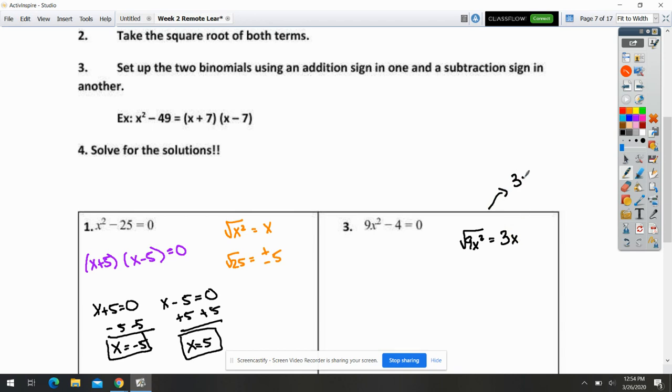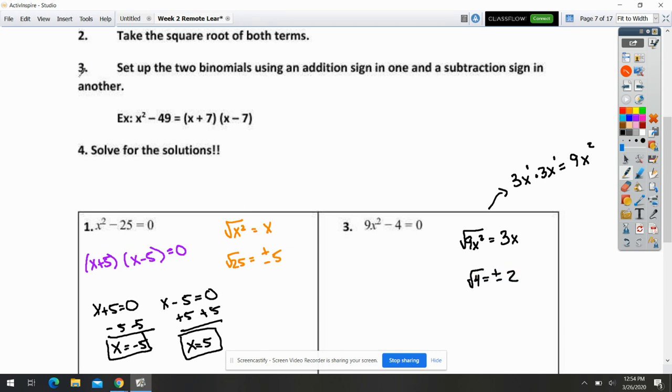Because 3x times 3x is 9x to the second power. Remember, you add your exponents. 3 times 3 is 9, right? That's the square root of 9. And the square root of x squared is x. And the square root of 4 is positive and negative 2.